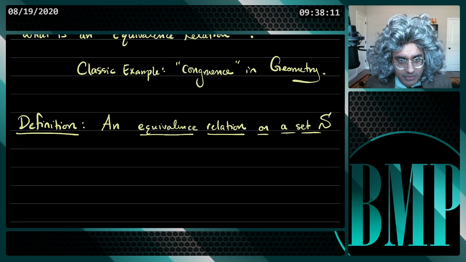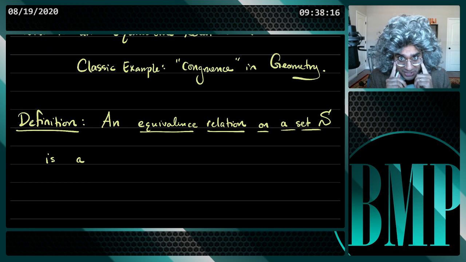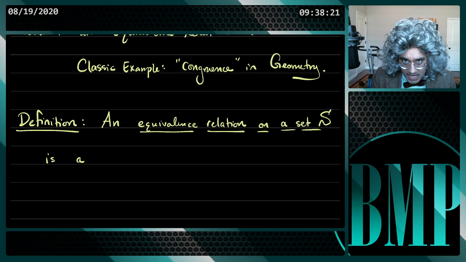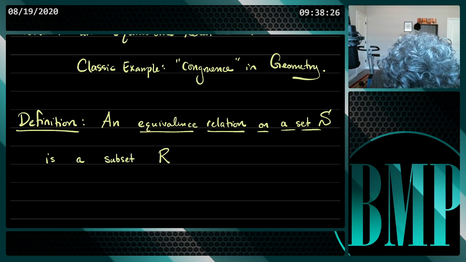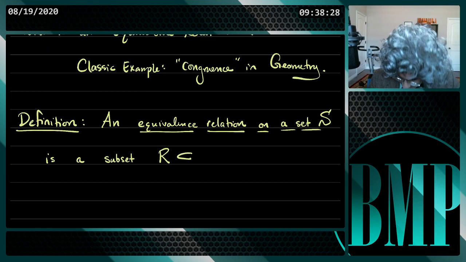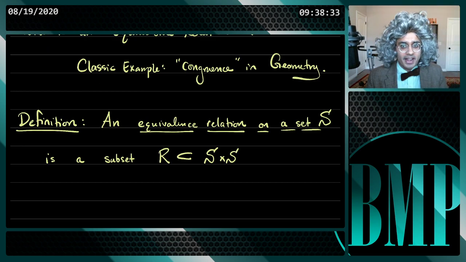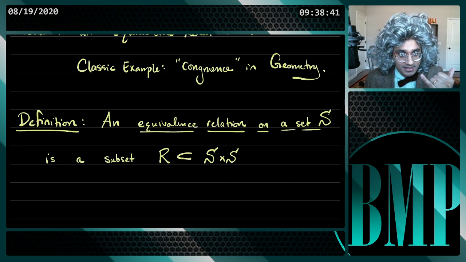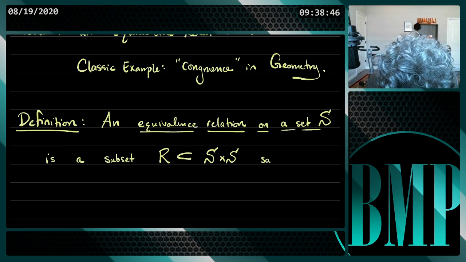This whole phrase is being defined. This is going to look strange at first, but it's like the only way to proceed. So, R is a subset inside the product set of pairs of elements in S. So it's a particular collection of ordered pairs in S, satisfying three properties.